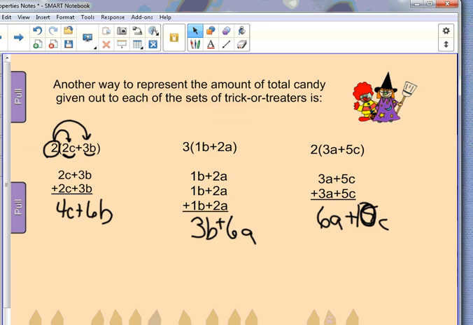Grady, explain it to me. Times 1b. Yep. And that would be it. Yeah. I can't add them together.